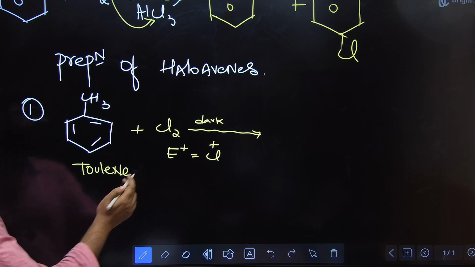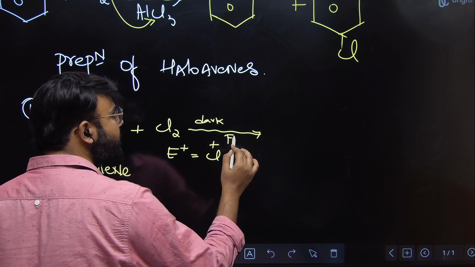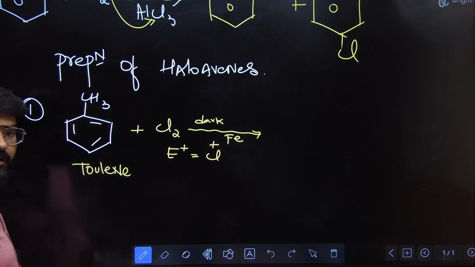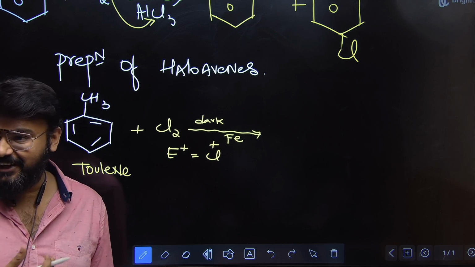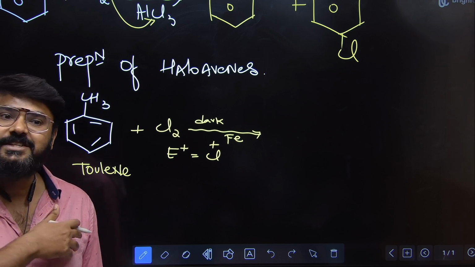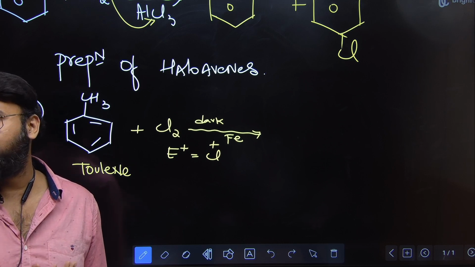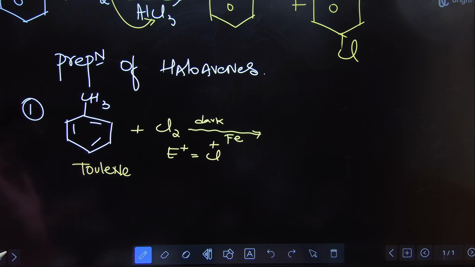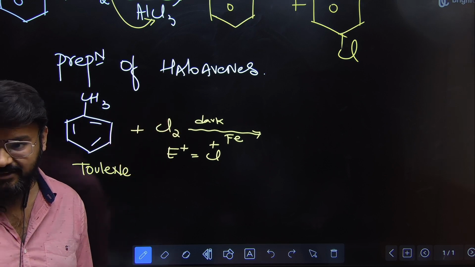And who will be breaking this bond, guys? Just dark is not enough. You put the element name Fe. Is it clear? Fe. If I put FeCl3 or AlCl3, it will become some other reaction, the Friedel-Crafts reaction, right? And in place of Cl, we will take methyl chloride, the alkyl halide. Got it?